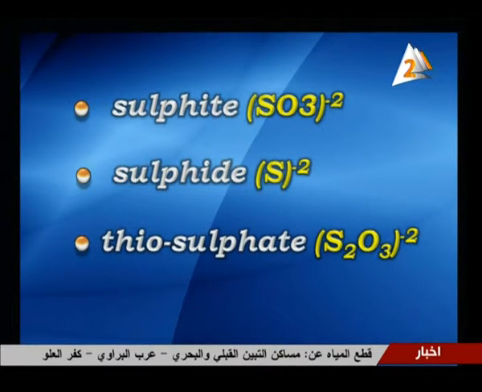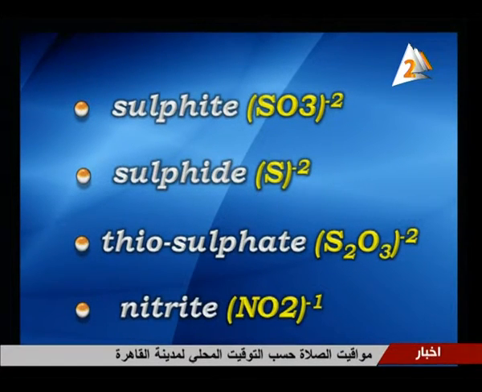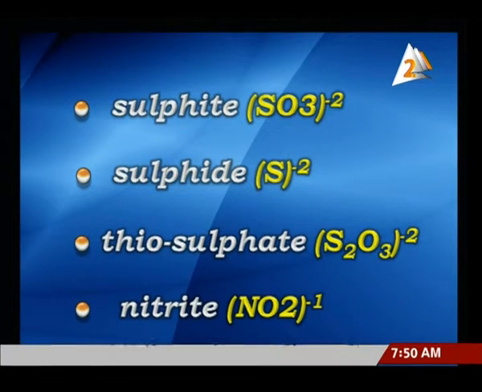The last one is thiosulfate with the formula S2O3 -2 as an ion. Also, all of these ions contain -2. This is important for the reaction. For the last one, this is nitrite, NO2 -1 as an ion. Good. So the different radicals here will react as -2 or -1.